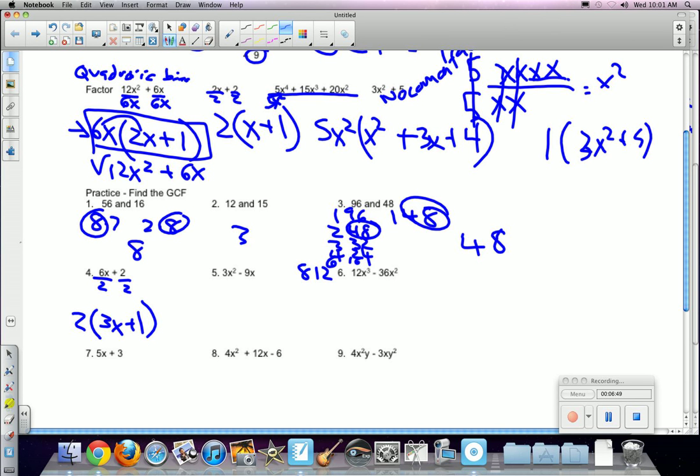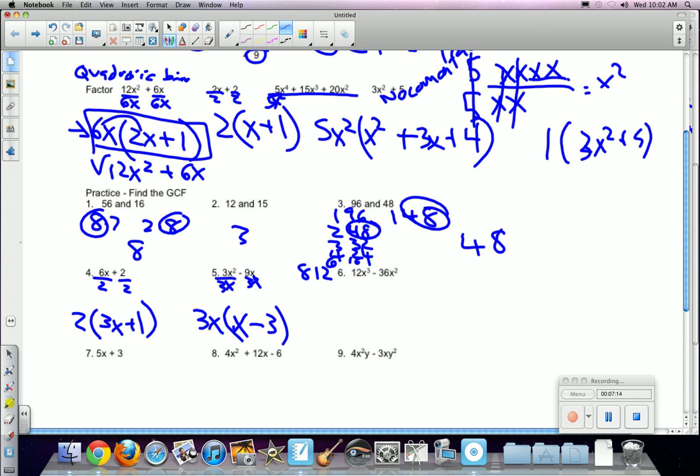This one's a little more difficult. 3x. Divide those by 3x, and I'm left with x minus 3, because the 3s cancel, the x's cancel.